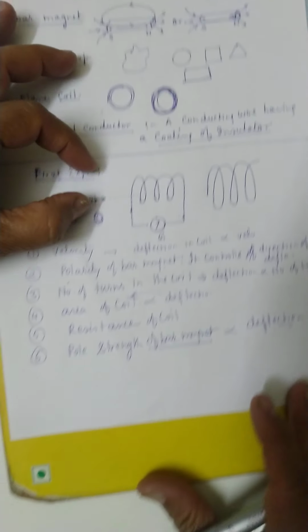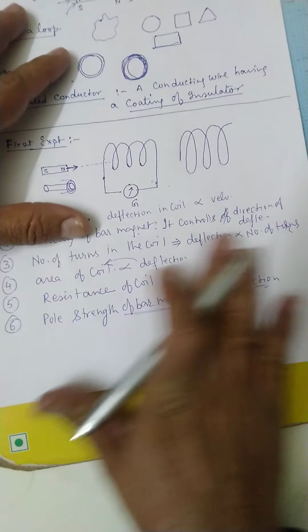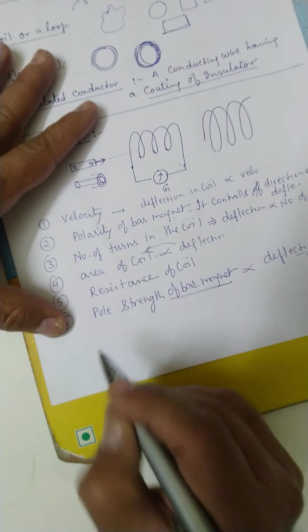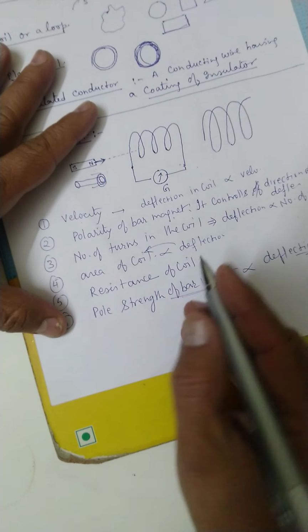So what did Faraday conclude on the basis of these observations, and that is called Faraday's first law of electromagnetic induction.